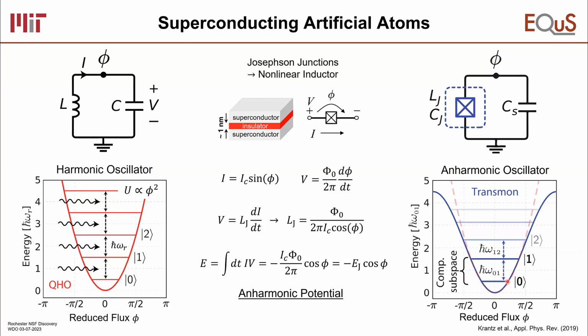Because this is an anharmonic oscillator, level transitions have different energies. So the 0-1 transition differs from the 1-2 or the 2-3 transition. The degree to which they are different is called anharmonicity, and that's a property we can design for. The point is that now that we have a unique frequency, omega 0-1, we can uniquely drive the 0-1 transition without driving the 1-2 transition. So that's the advantage here.